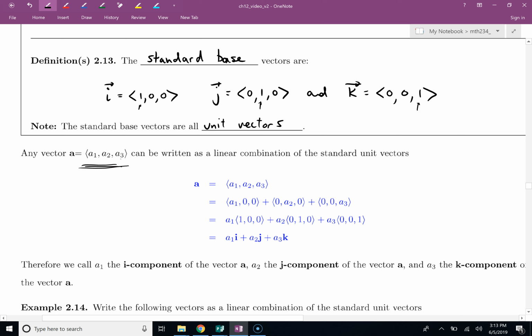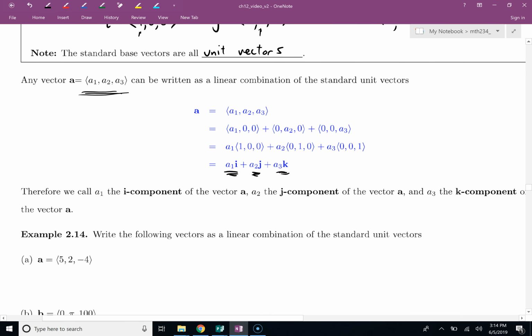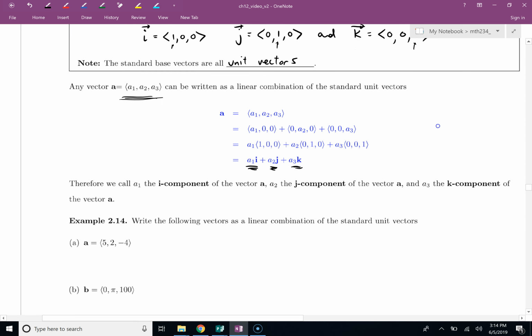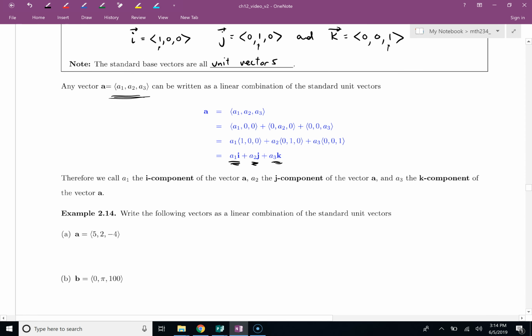You can write it in the standard base form: whatever that first component is goes along with the i, the second component goes along with a j, and the third component goes along with a k. So instead of saying the first, second, and third component, it's probably better to say the i component, the j component, and the k component. This is another standard way to talk about vectors.